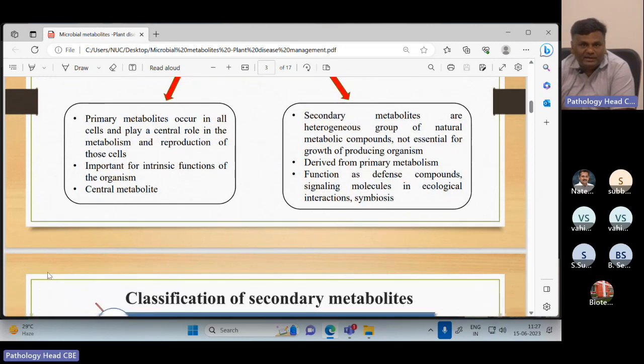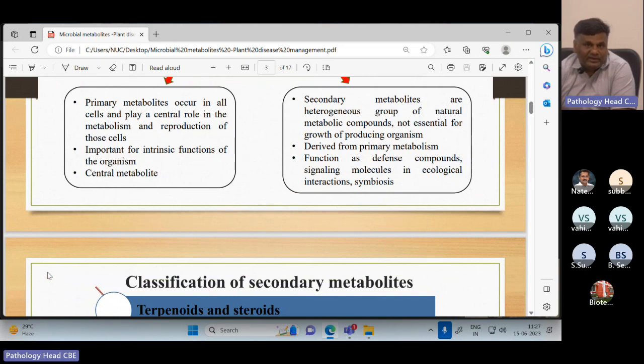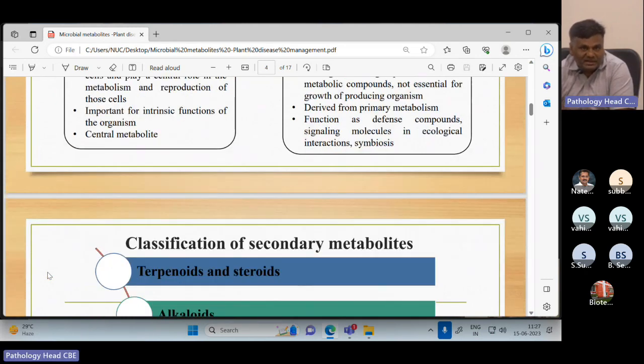Secondary metabolites are important for us because, for one thing, most of them are secreted extracellularly. So it is easy to isolate them, easy to extract the compound from the organism, and they provide a very good mimic of what we need actually. From that we can develop so many other compounds.